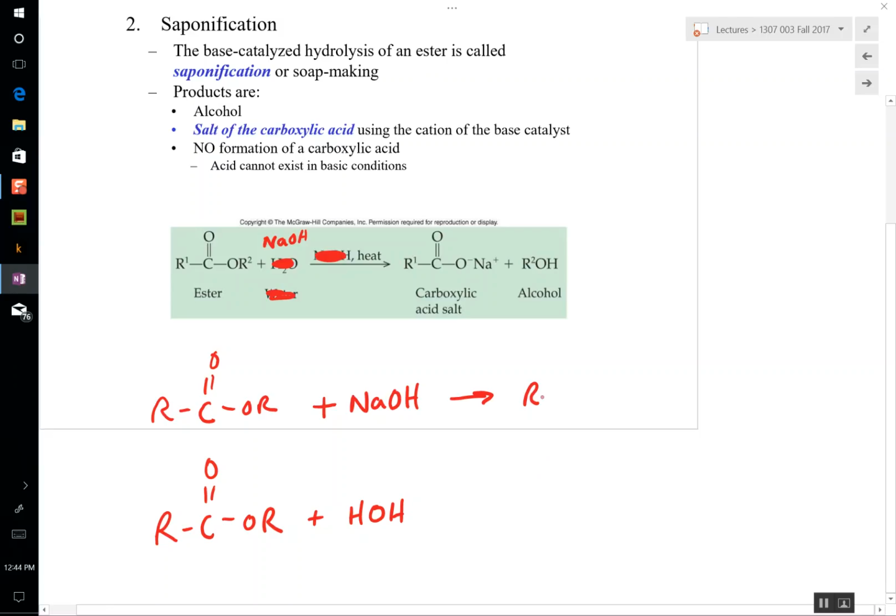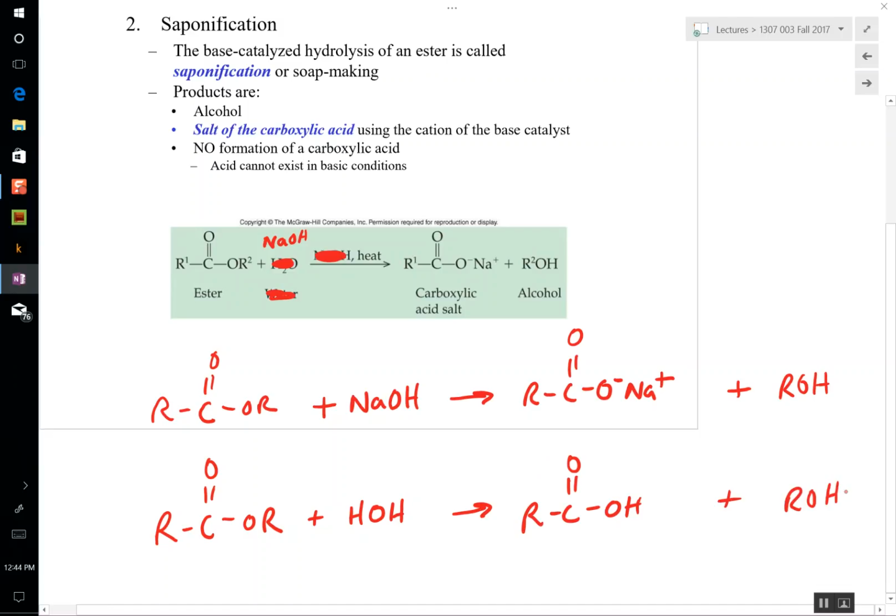And they are actually pretty similar. Not a whole lot of difference. You get a salt over here and an alcohol. You get an acid over here and an alcohol.